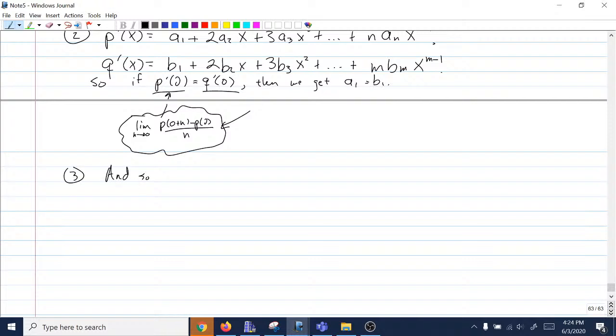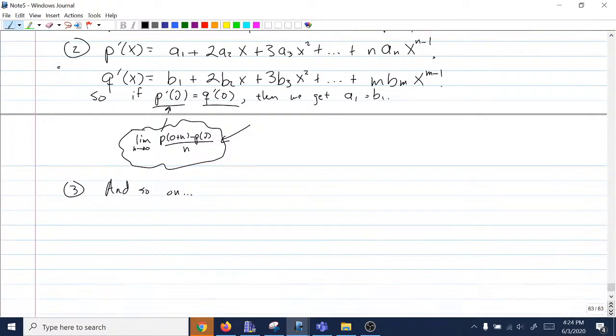And so on. I'm not going to try and write out a formal complete rest of the proof, but you see the trick. You take a derivative, and in general, an is the nth derivative of p at 0.